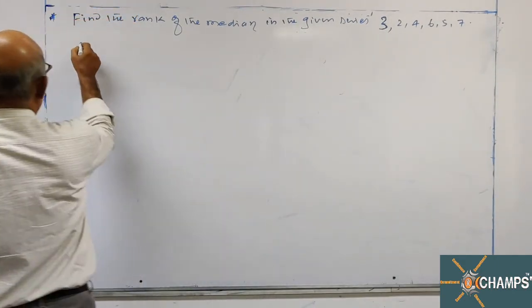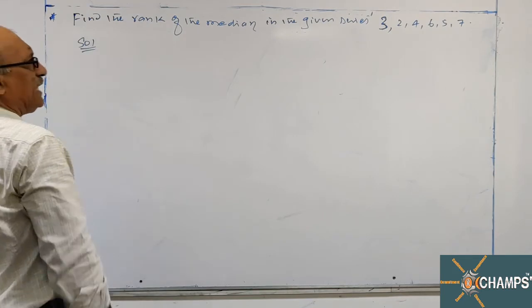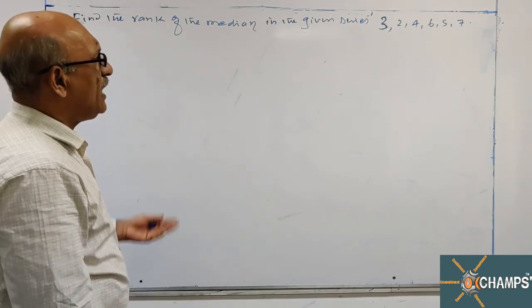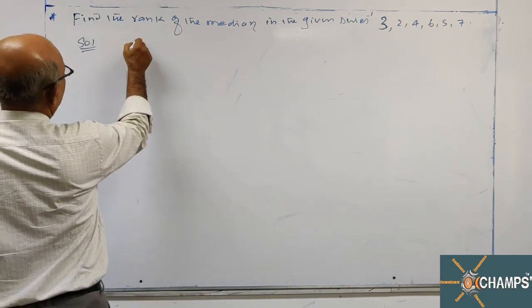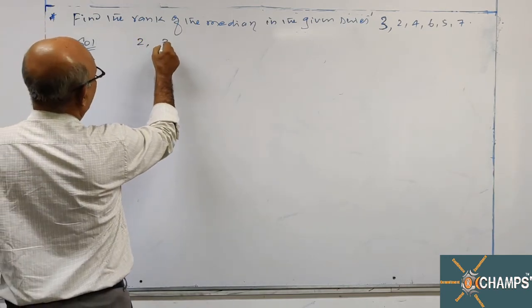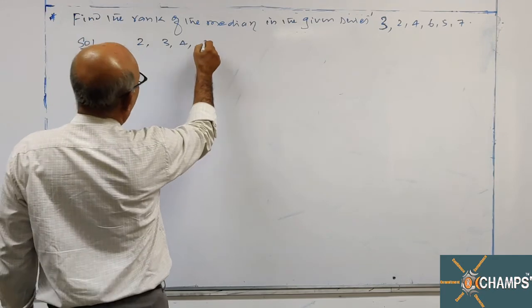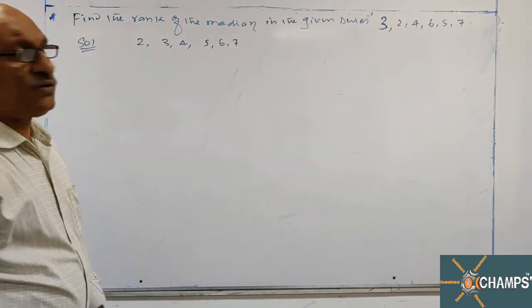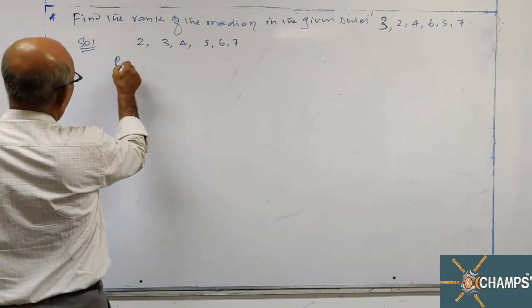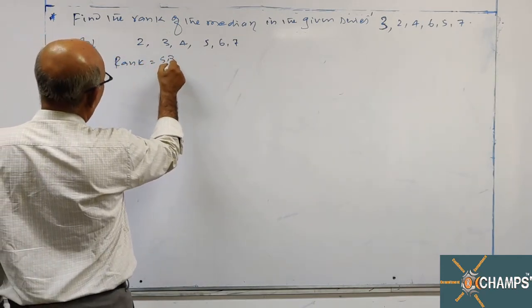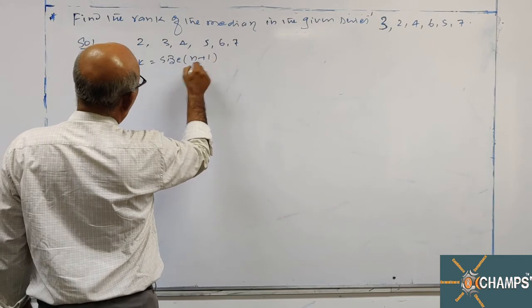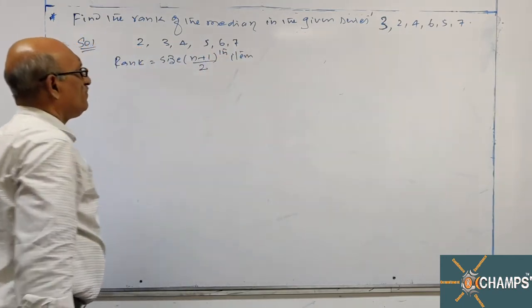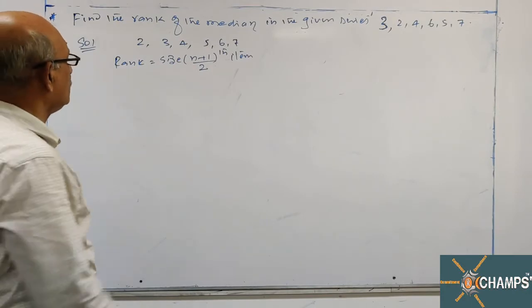Okay, sir. For calculation of rank, you have to first arrange the given observations in increasing order. So 2, 3, 4, 5, 6, 7. 6 observations. Rank is equal to size of (n plus 1) by 2th item.